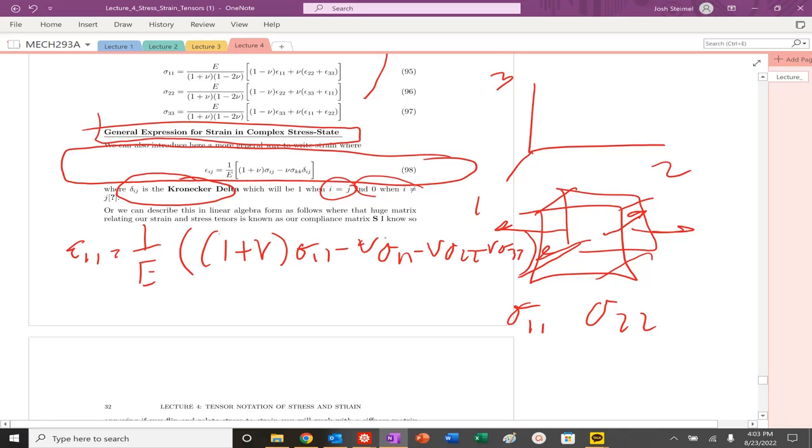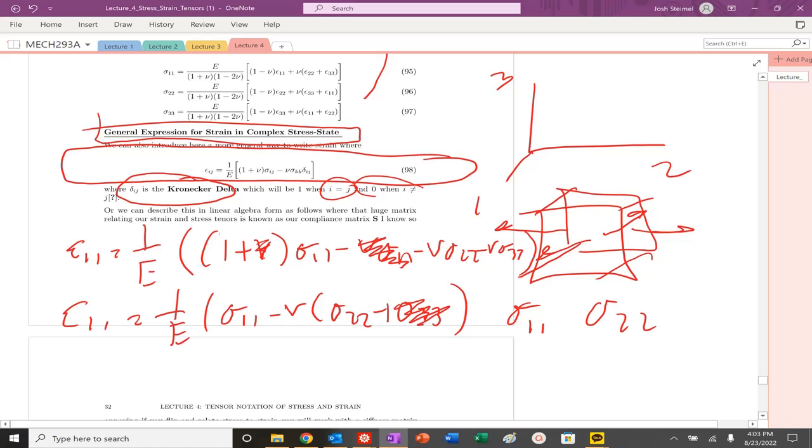I see here that this minus nu sigma 11 is going to kill out this nu here, and what I'm left with is epsilon 11 equals 1 over E times sigma 11 minus nu times sigma 22 plus sigma 33. But in this system, we don't have any sigma 33.